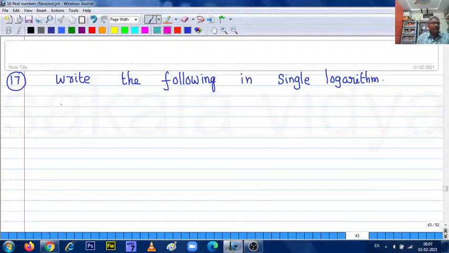See the first question: 2 log 3 plus 3 log 5 minus 5 log 2.